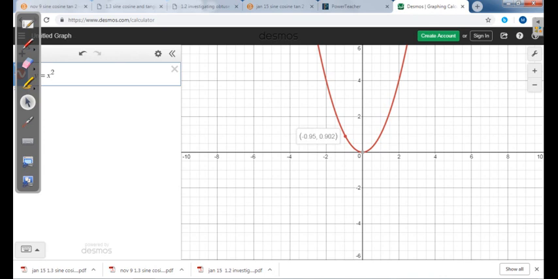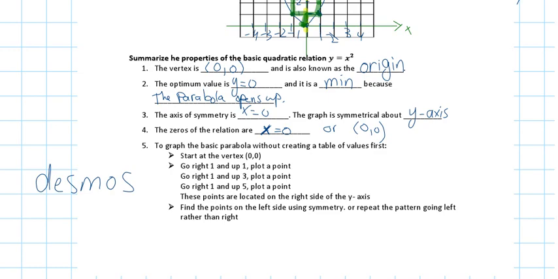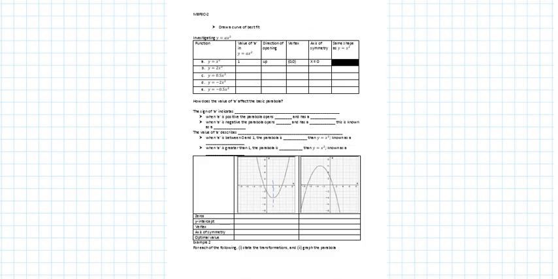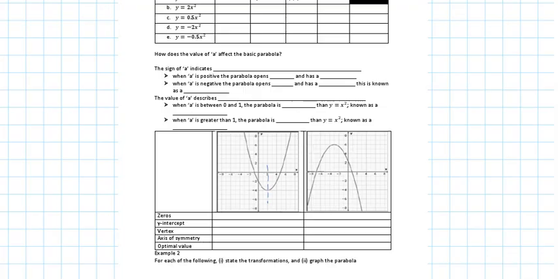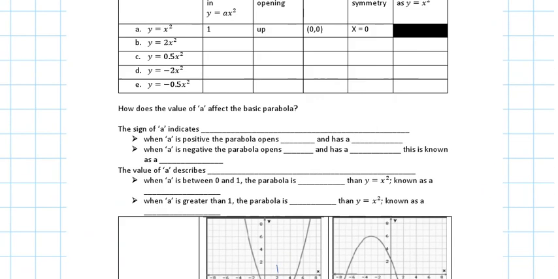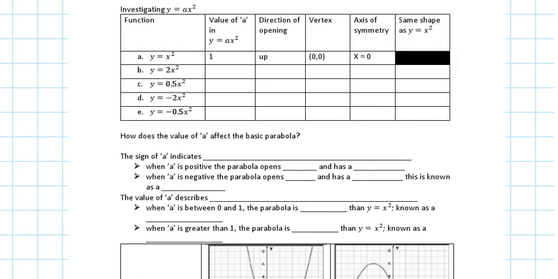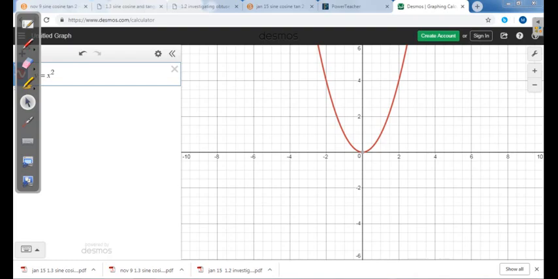All right, now, the next question is asking you to graph y equals 2x squared. So I'm going to press right under this so it opens up a new box.